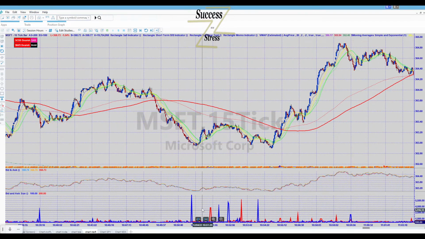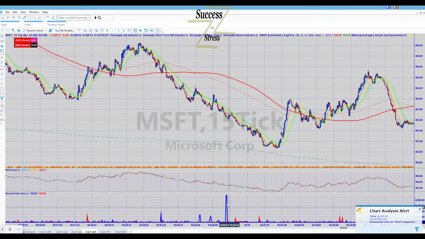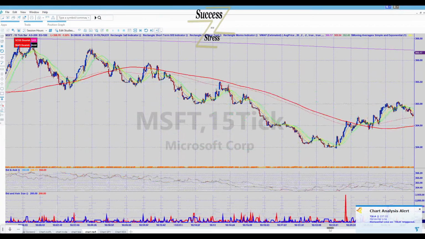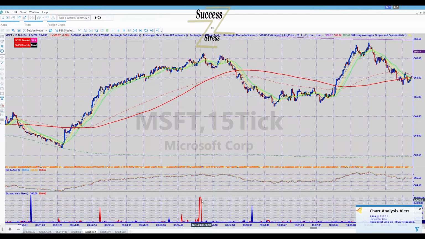Okay, so yeah, a similar type situation, but on Microsoft it's not as pronounced, right? Because even you have this large one here, which is 10,000. This bid size here is 10,000. If you go back, it had a high ask here, yeah, high ask here at 956.